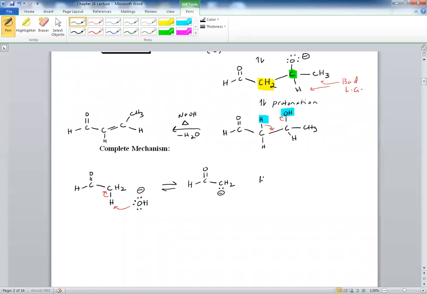Now you have the other mole of the aldehyde. Remember, delta plus, delta minus. Here it is.